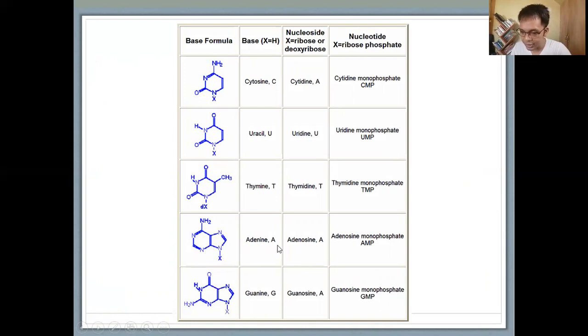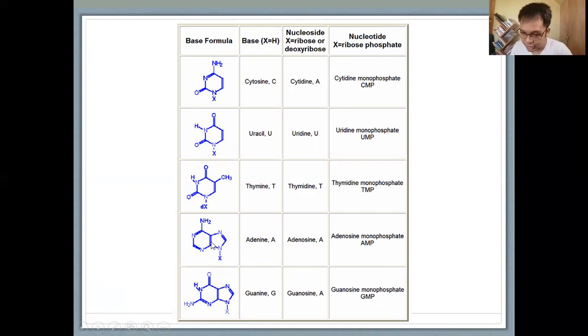Ito yung structure ng ating adenine. Kapag adenosine monophosphate yan, guys, kasi nga yung adenine natin is naka-bond doon sa nucleotide natin na may isang phosphate group. Kapag triphosphate, 3 phosphates yun, guys.